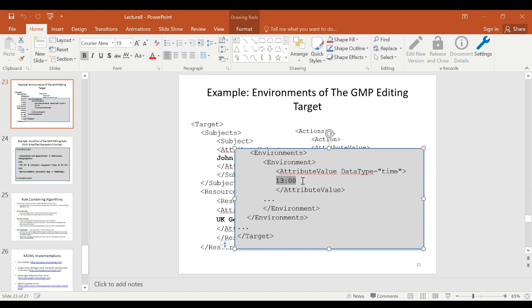If it's coming at any other time, it means that the whole target becomes irrelevant. So that's an important point to note here: if any of these elements did not match with the information coming from the request, then obviously the target, and therefore the rule, would not apply. It becomes just irrelevant to the request.